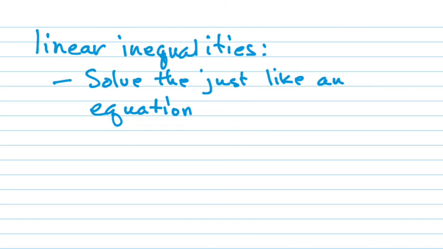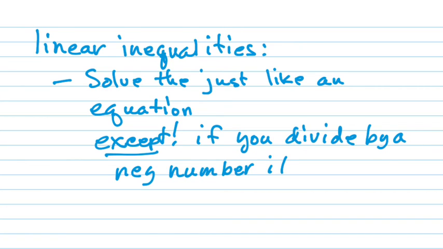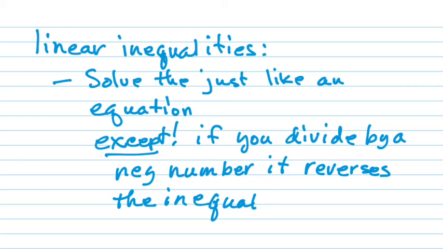And that exception is, if you divide by a negative number, it reverses the inequality symbol. So if you can avoid dividing by a negative, you don't even have to worry about this.